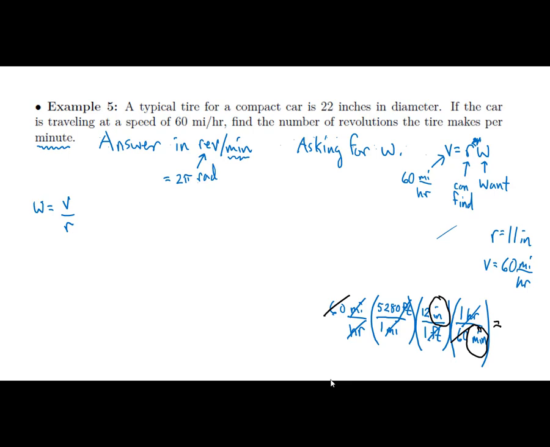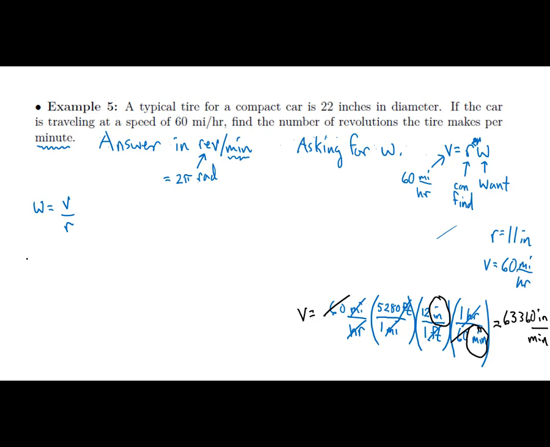So what we end up with is 63,360 inches per minute. And we started with 60 miles per hour, so this is my linear velocity. Okay, so I can plug this in over here.